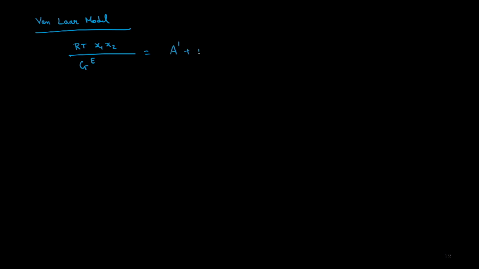And that looks like A prime plus B prime (x1 minus x2). We can rewrite this as A prime plus B prime x1 plus A prime minus B prime x2, just like we did in the Margules equation case.